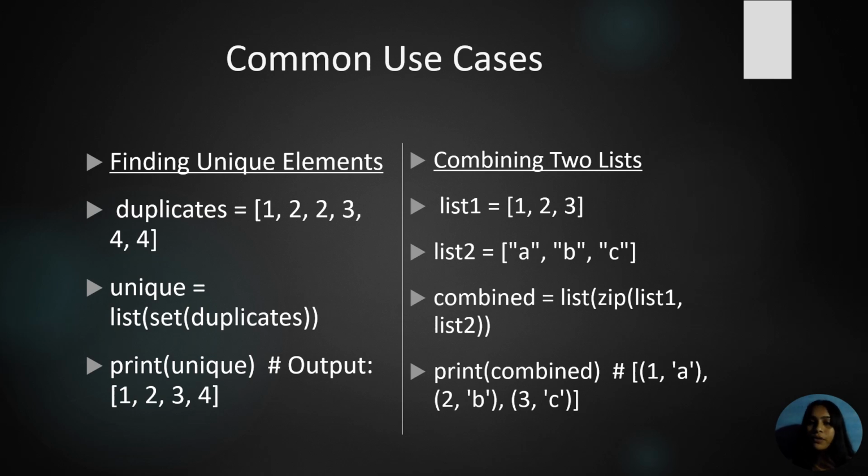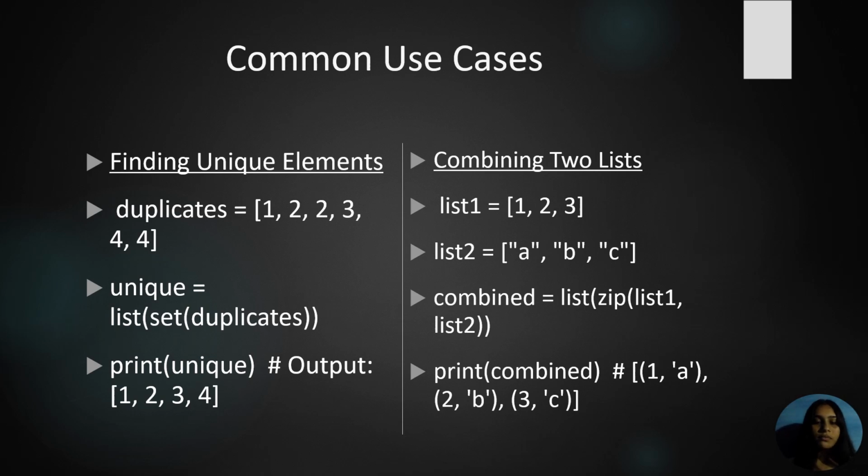And then we have combining two lists. We have two lists, list 1 and list 2. In list 1 we have the elements 1 2 3, and in list 2 we have A B C. Here we are using combined equals list and we are using zip. Zip basically combines two things in one place.